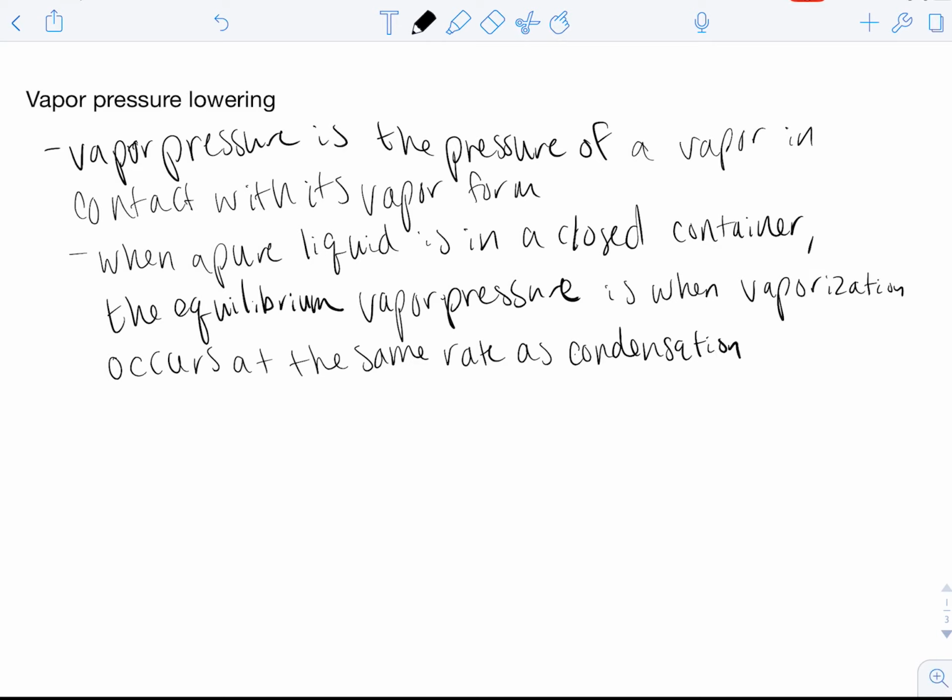However, if we are not in a closed container, that doesn't mean we can't talk about the vapor pressure of a substance. We just won't be able to get to an equilibrium vapor pressure because we do not have the liquid staying.